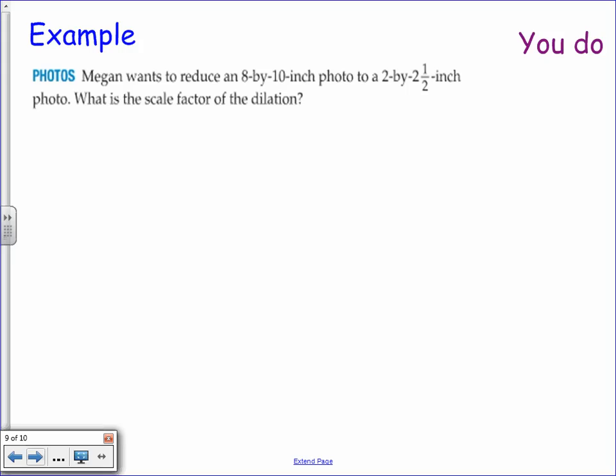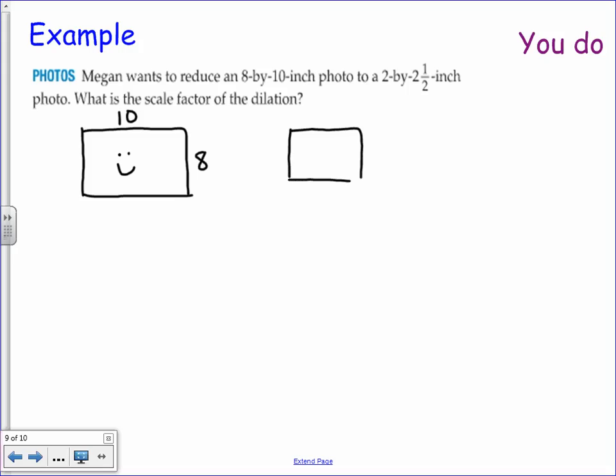Okay, so I've got this photo here of a 10 by 8, or 8 by 10. And then we've got this other one over here, a little smiley face, of a 2 and 2.5. And then I want to know how I got from this big guy to this little guy.